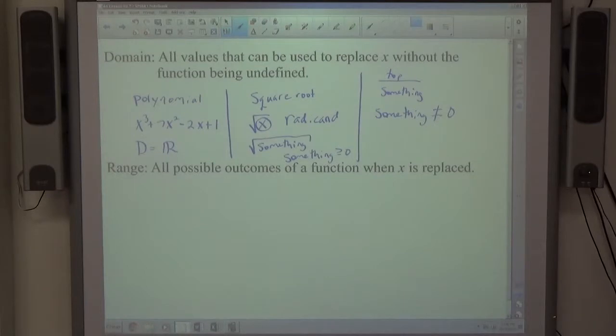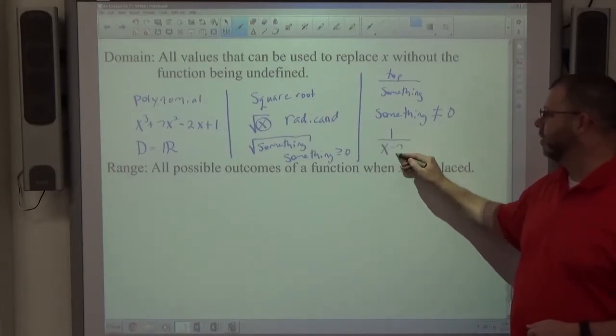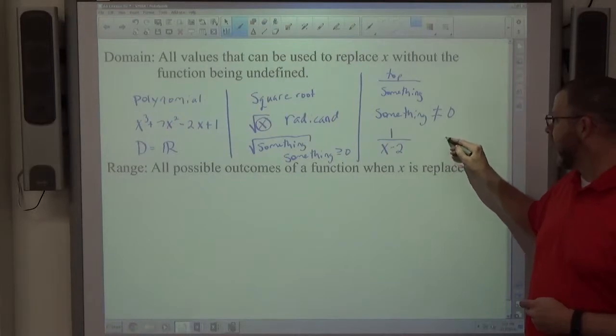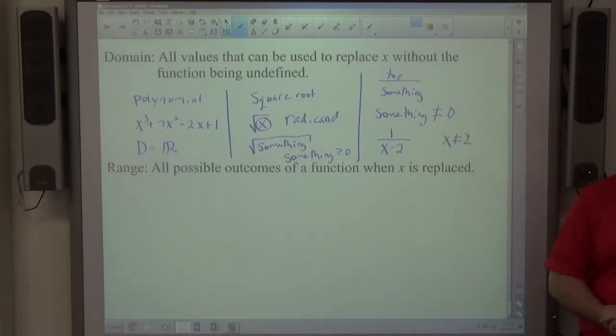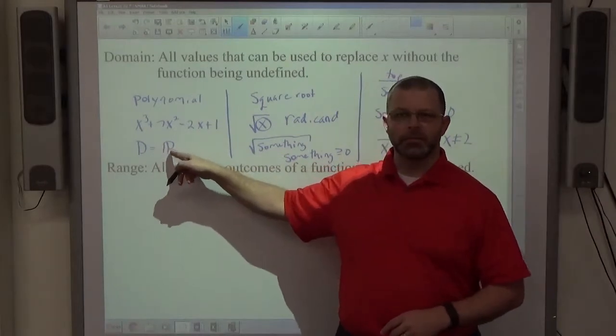So any value of x that creates division by 0 is no good. For example, if I have 1 over x minus 2, what makes the bottom equal 0? 2. So the domain of this would be x is not allowed to equal 2. That's all domain is. Of all the numbers in the world, use anything you want to, just don't use 2.